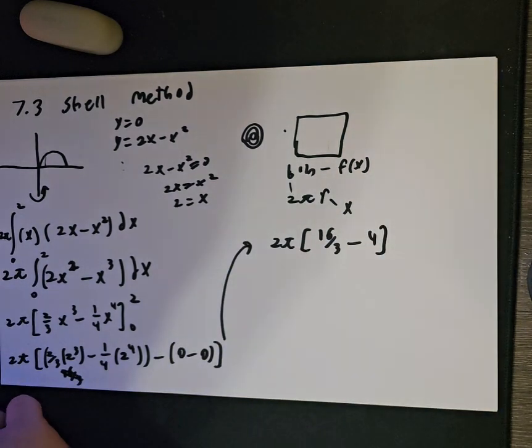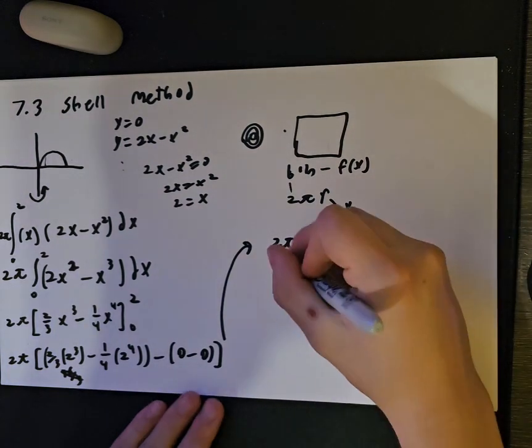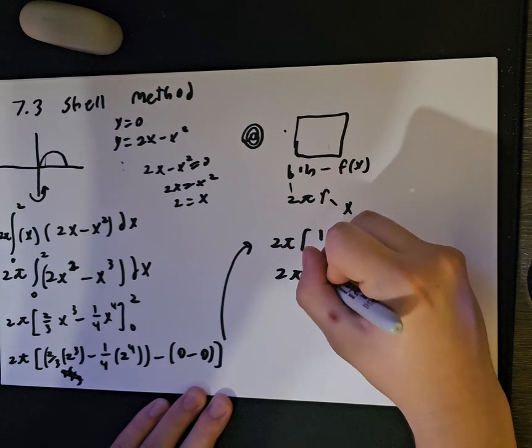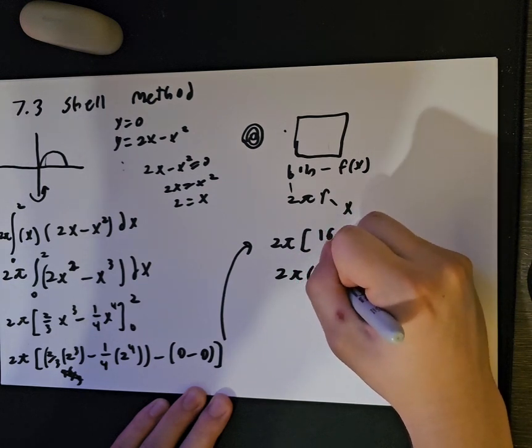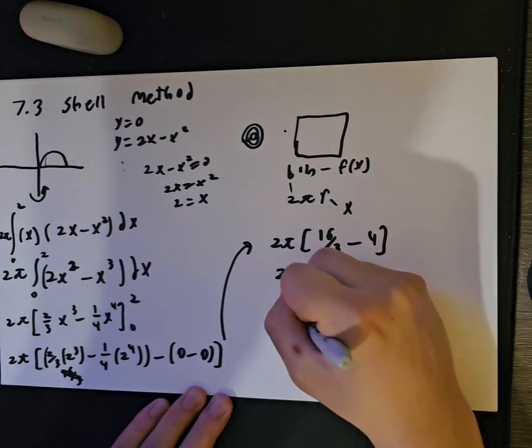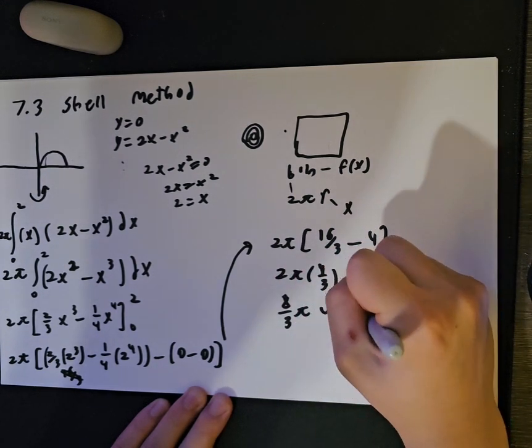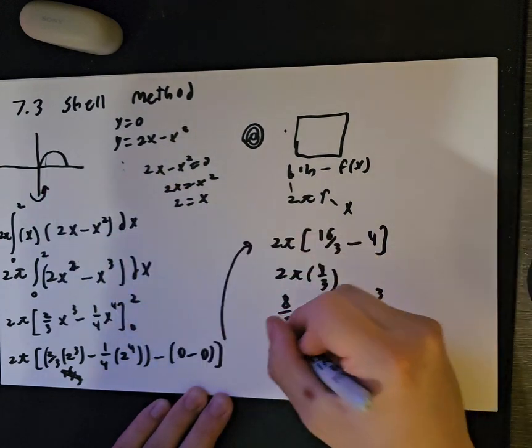Now, 16 over 3 minus 4 is going to equal 4/3, so 2 pi times 4/3 is 8/3 pi. Units cubed, since we're still working with volume, is our answer.